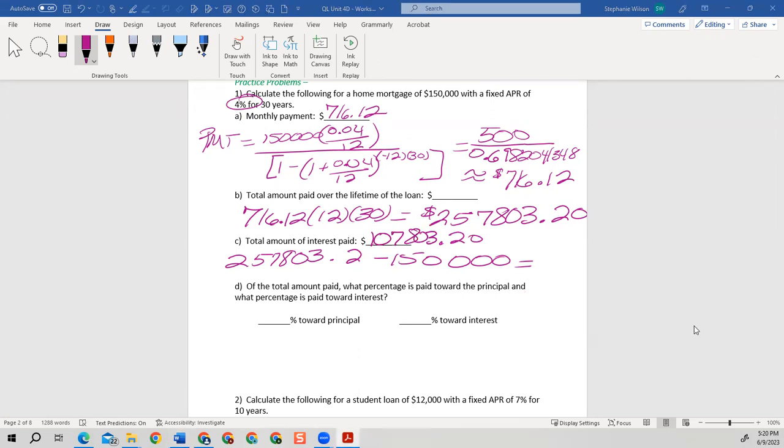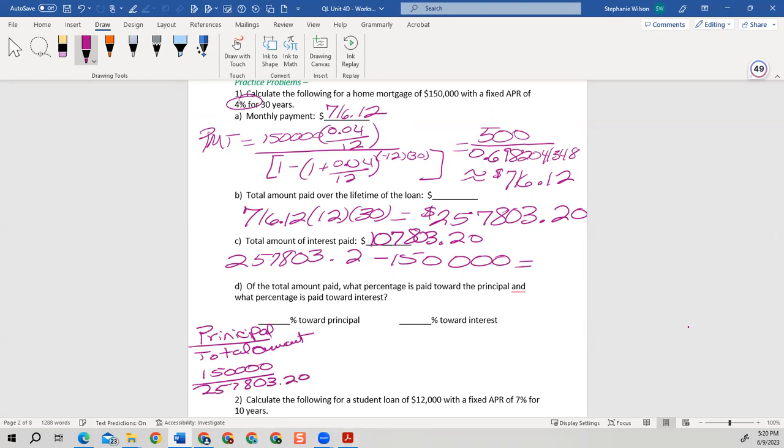All right. So now we want to know what's the total percent towards principal and the total percent towards interest. So the formula for the principal would be the principal amount divided by the total amount. So the principal was 150,000 and the total was 257,803.20.